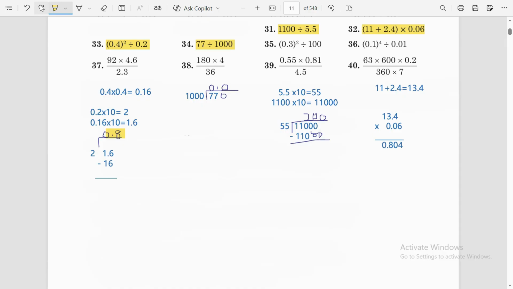So we have to put a 0 at the quotient and then another 0 with the dividend. Now 7,700, and simply 1000 multiplied by 7 is 7000. These are the simple steps, and we get our answer 0.077 for question number 34.